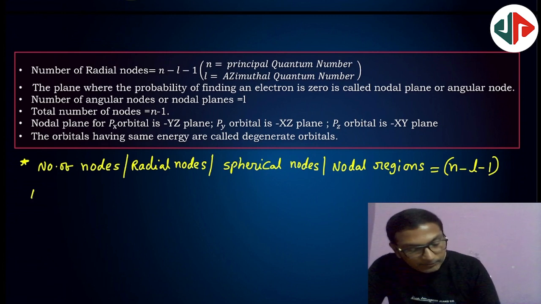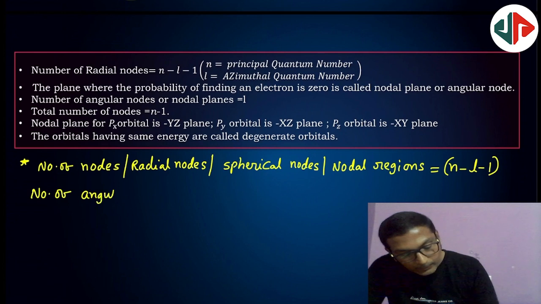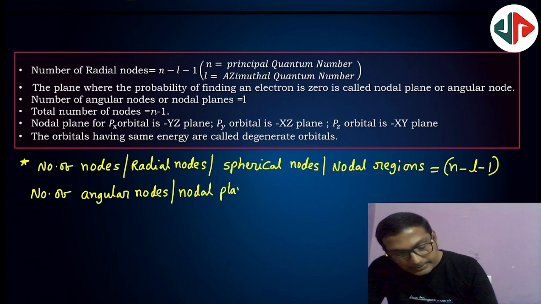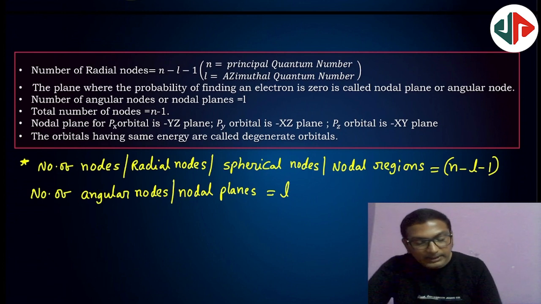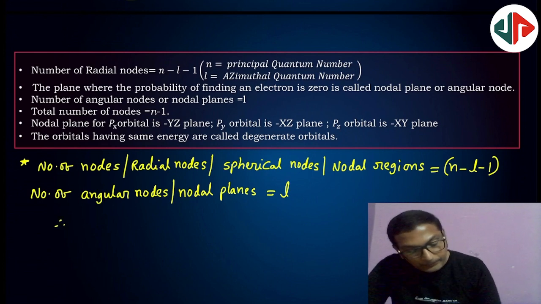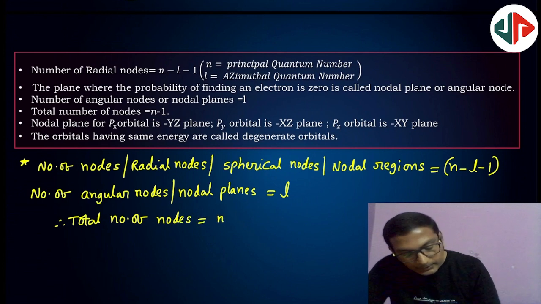Next, number of angular nodes or nodal planes equal to L. Then total number of nodes will be N minus 1. Total number of nodes equal to N minus 1.